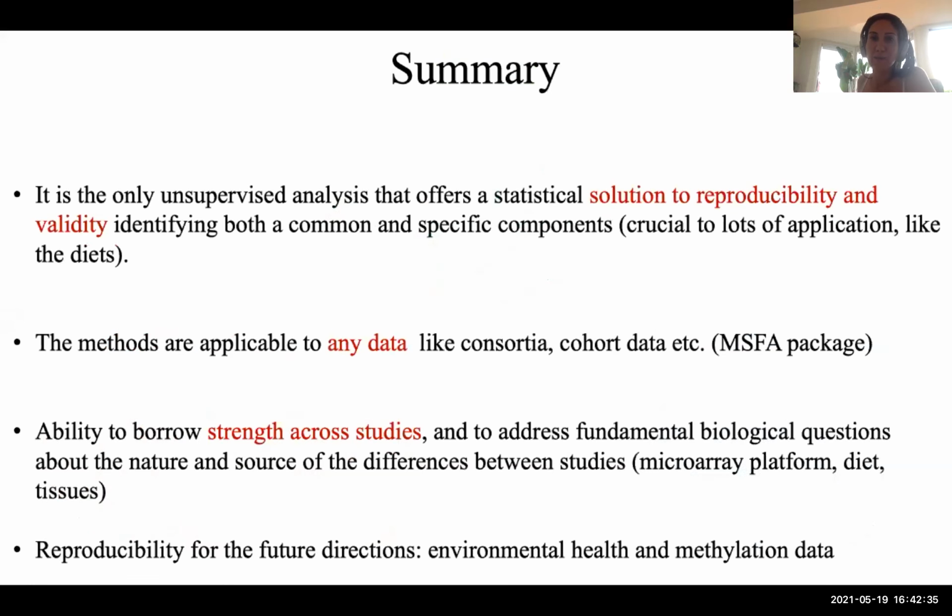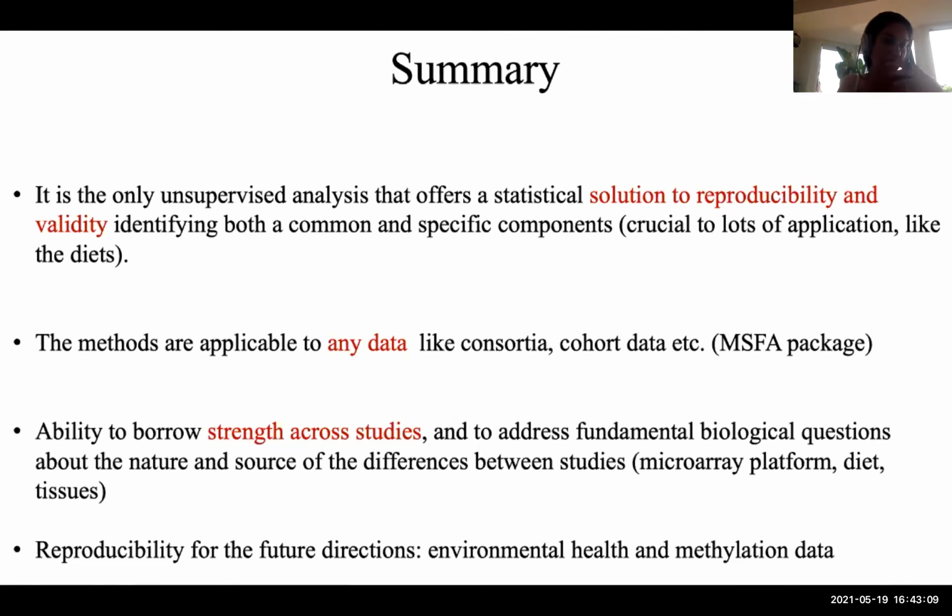In general, the multi-study is the only unsupervised analysis that can offer a statistical solution for this reproducibility. And we also tried to validate our results. If you remember, in the nutritional epidemiological data, we tried to validate the results with the logistic regression, while in this last analysis, we validated our analysis with the eQTL analysis. And we can identify both a common and specific component.